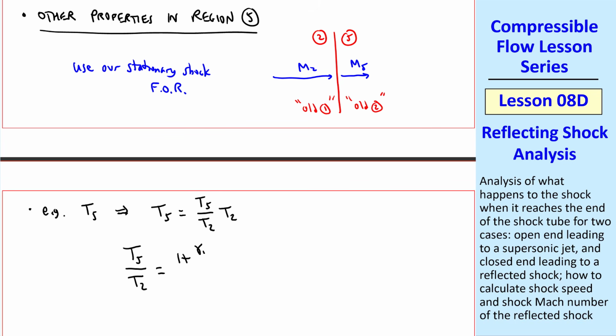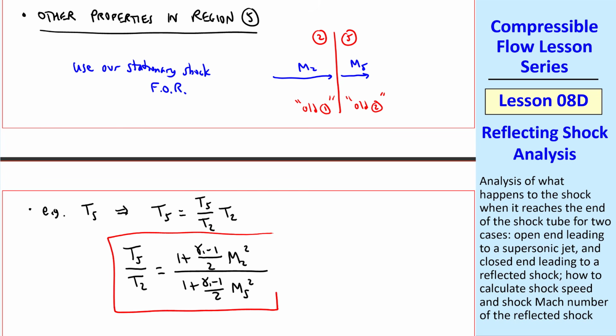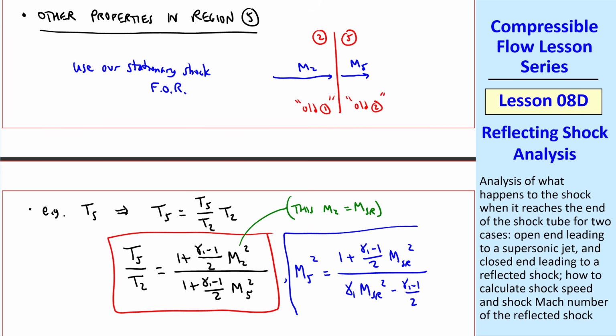So watching our subscripts and using gamma 1, we have this expression for T5 over T2, and noting that this M2 is equal to our reflected shock Mach number MSR. And I want to write this more carefully as a 5, not an S, where we have the intermediate step of calculating M5 from our previous shock equations, which we can plug into this equation.